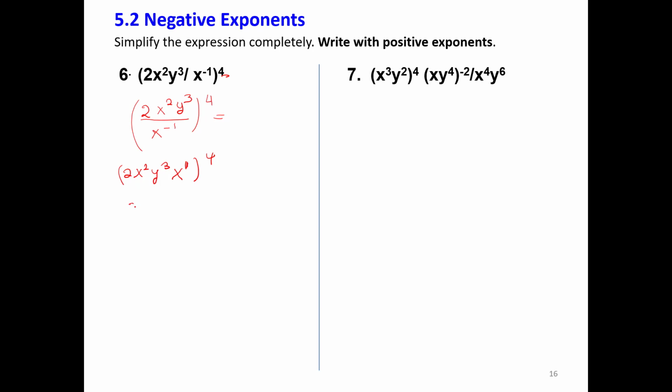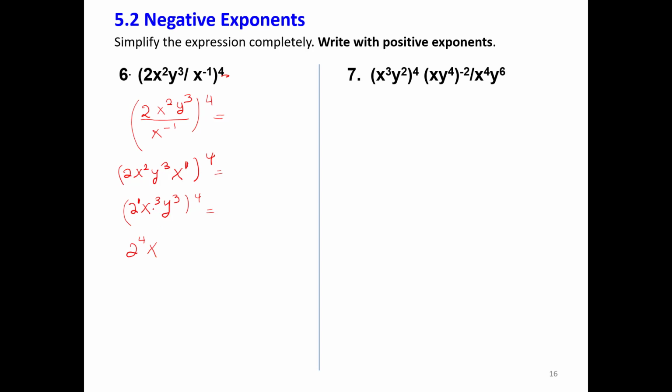Then we had 2x, same base, so we can add the exponents. 2 plus 1 is 3, and y to the third, all to the fourth power. Now we have to be careful with the numbers. We need to raise to the 4th power everything we had inside of the parentheses. Then 1 times 4 is 4x.